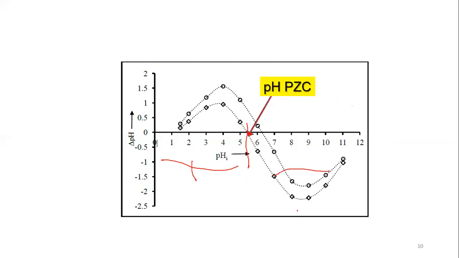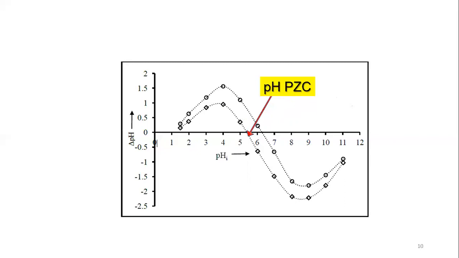For the second material, this is the borderline, and here we have a negative charge, and on this side we have a positive charge. So this is the most important point, and at this point the charge on the material is zero.